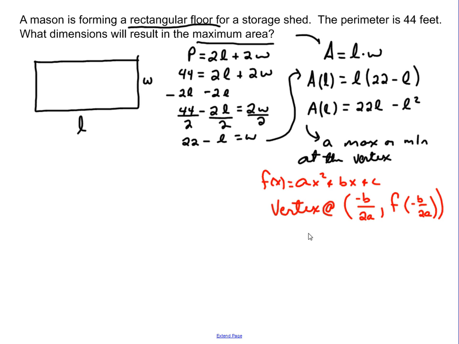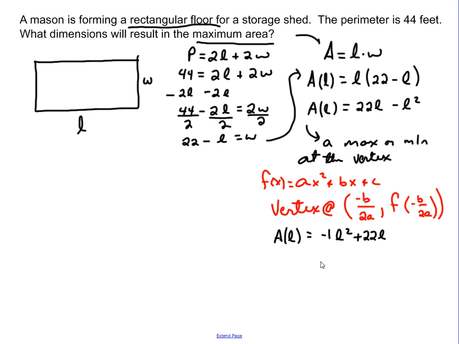All right, so in this case, what does our function say? Well, our function A of L, if I put it in this standard form, is negative 1 times L squared plus 22 times L, and c would be 0, of course, at the very end of that. We don't really usually put that, so I'll just go ahead and get rid of it.